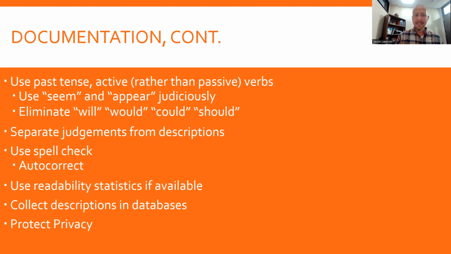Use readability statistics if available. So again, when using statistics, say 2 standard deviations below the mean, okay? That one I think I used quite frequently, like was between 1 to 2 standard deviations below the mean.